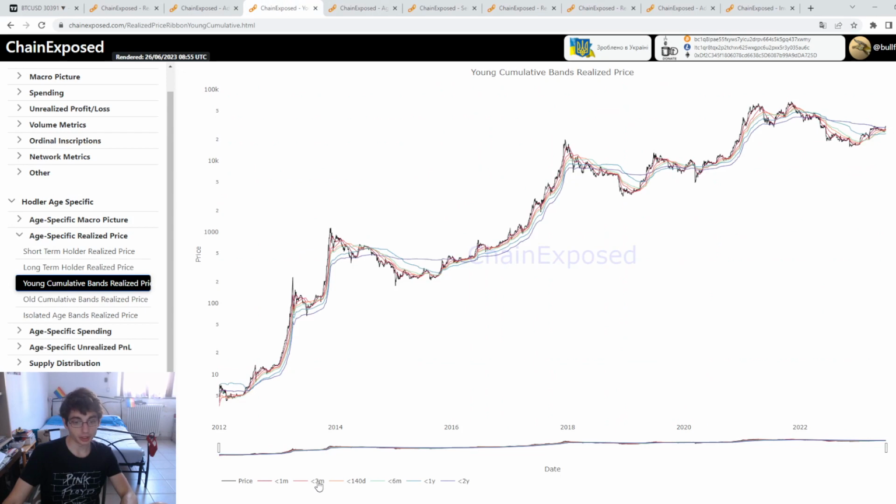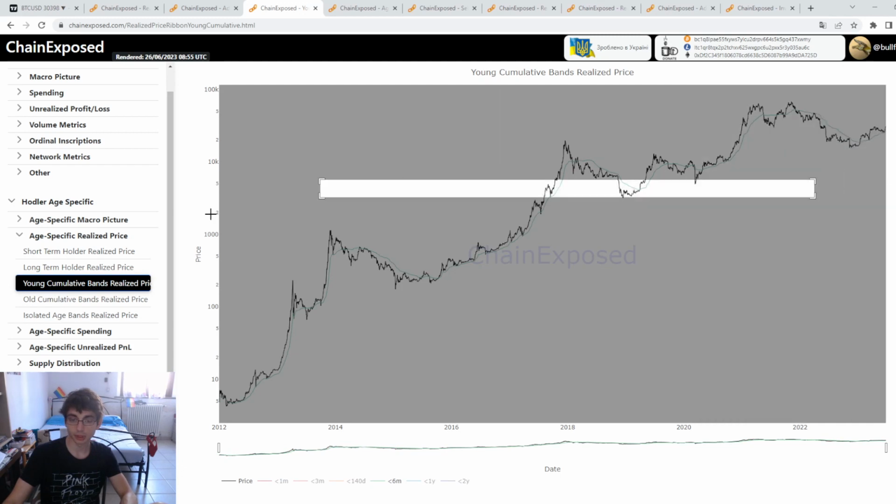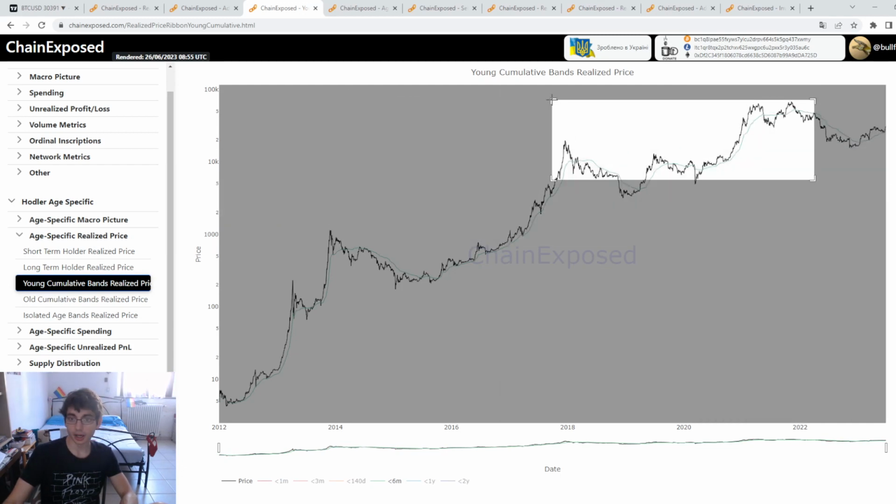Another thing I want to talk about regarding the fact that we bounced off is the 6 month. You see right here that the 6 month is actually the resistance while we are in a bearish trend, and the support when we are in a bull trend.